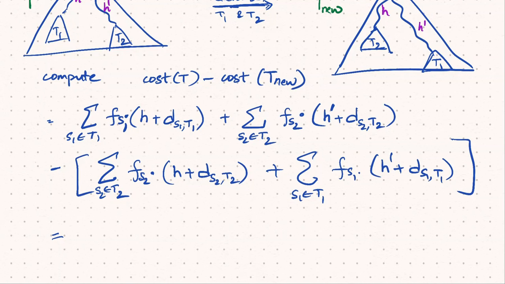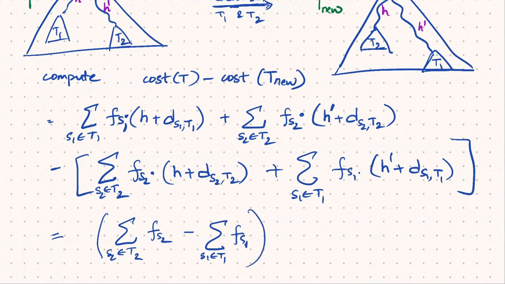So what we are finally left with is the sum of the frequencies of the symbols in T2 minus the sum of the frequencies of the symbols in T1, times h dash minus h.